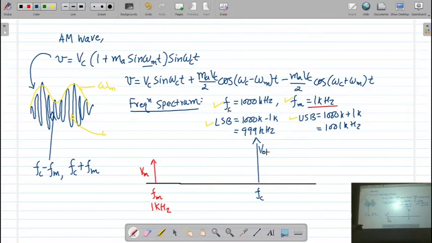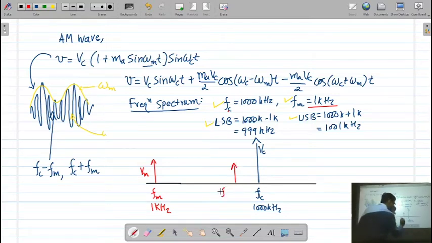Correct? Now two more frequencies, that is the lower sideband frequency. It is 999 kilohertz. Remember, Fc is my 1000 kilohertz. Then naturally, this lower sideband frequency will be on the left hand side of the carrier frequency, and that you can represent here in this manner.